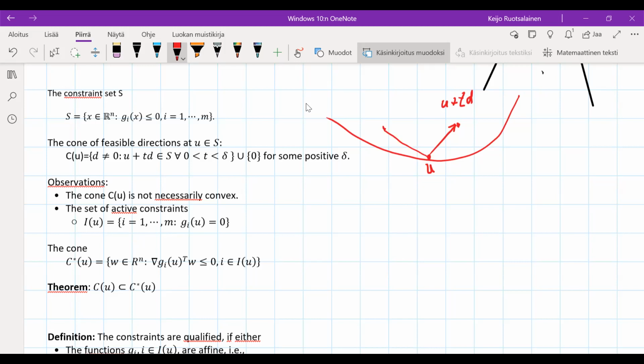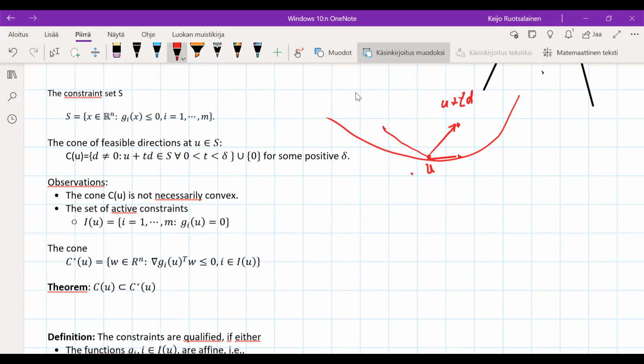If we have a convex case, I can take any boundary point and join it to the point U, and the direction is once again inside the cone of feasible directions.